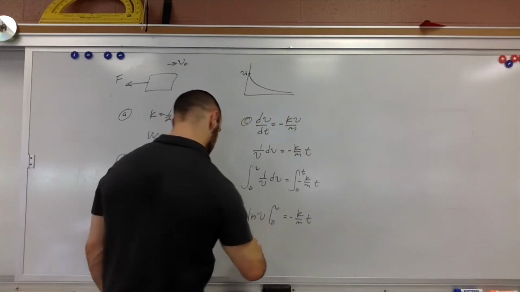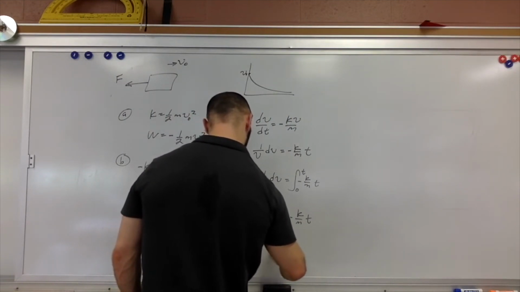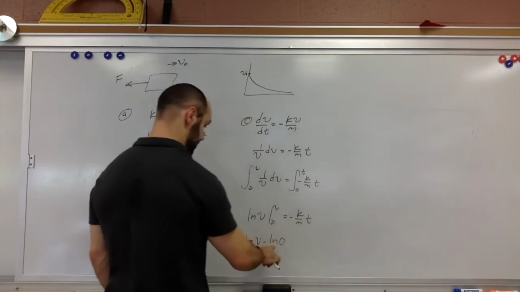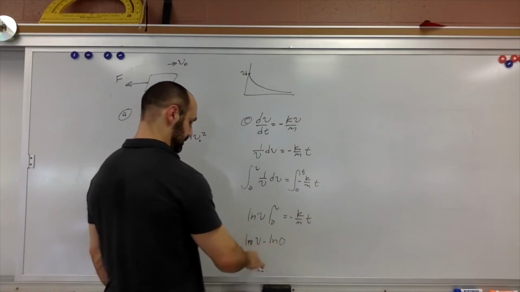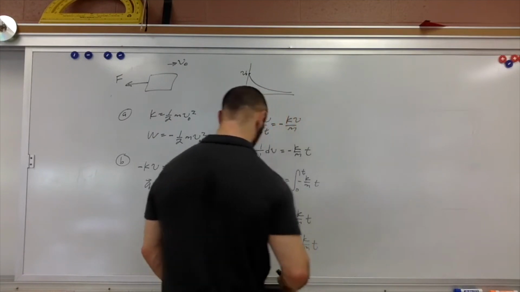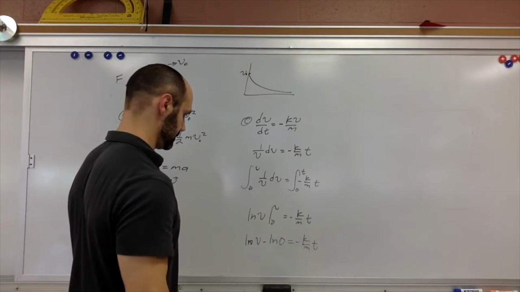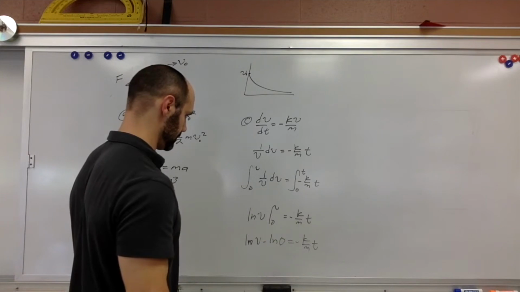When I put in, this becomes natural log of v minus natural log of 0.